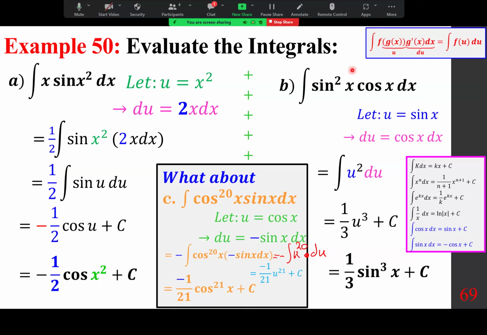Again, I think it's important that you see all three side by side, compare and contrast. As always, differentiate the result, and you get the same thing without the dx.